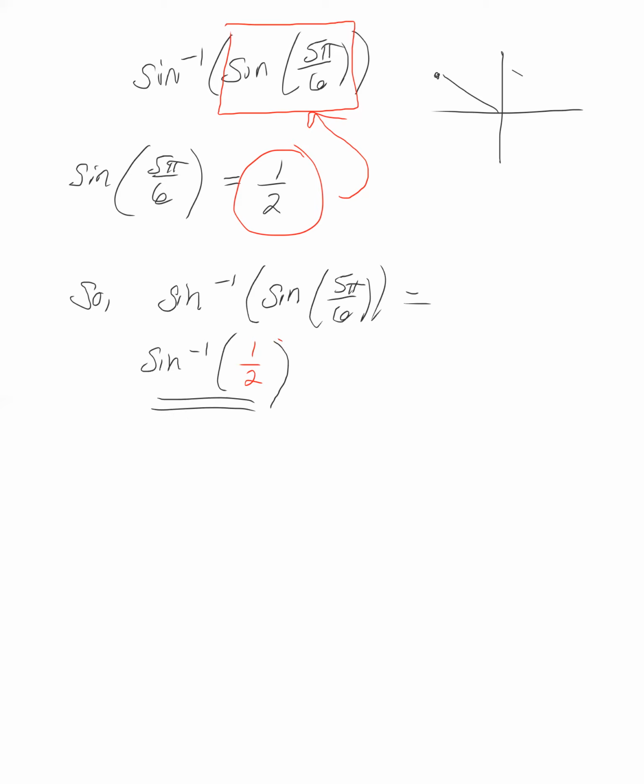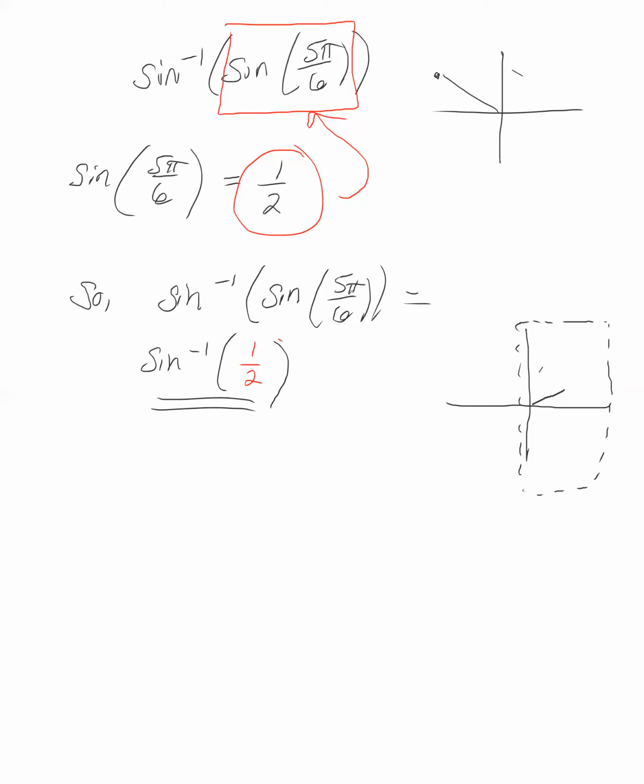Sine inverse of 1/2, well, I'm looking for a y value on my unit circle in either quadrant 1 or quadrant 4. It's positive, so it's probably in this quadrant. I am going to find that y value.